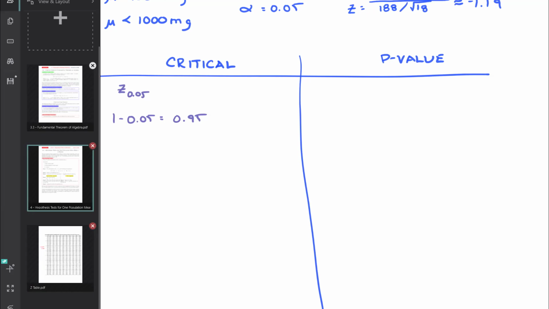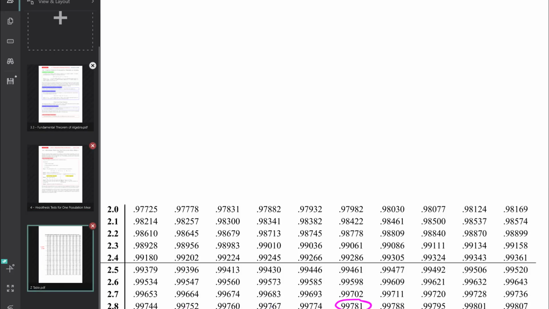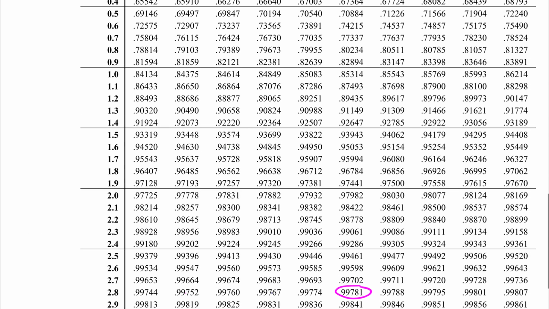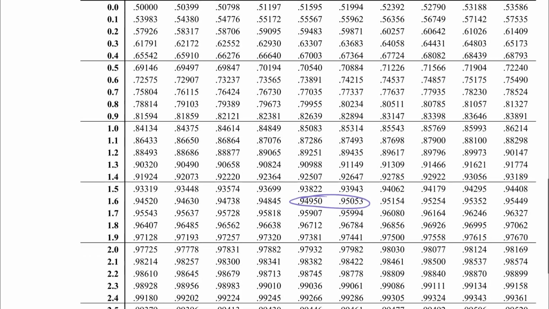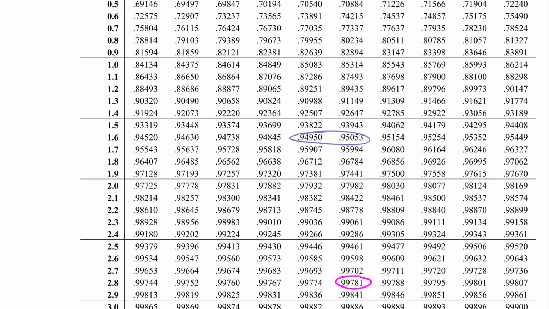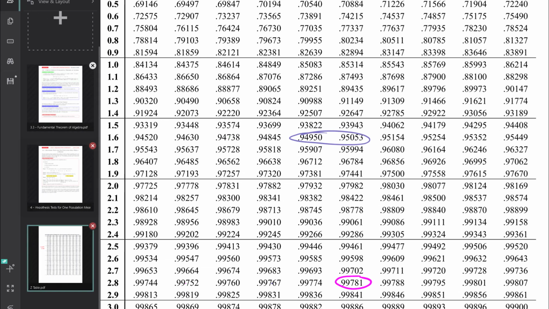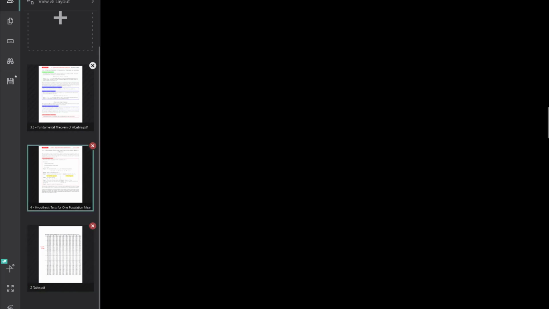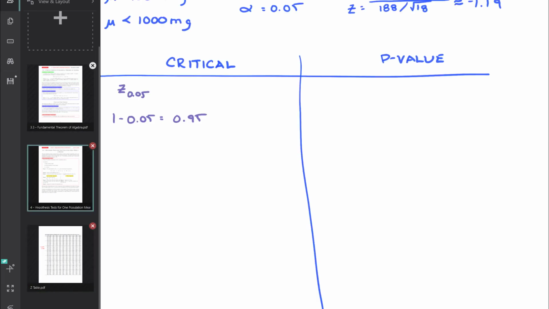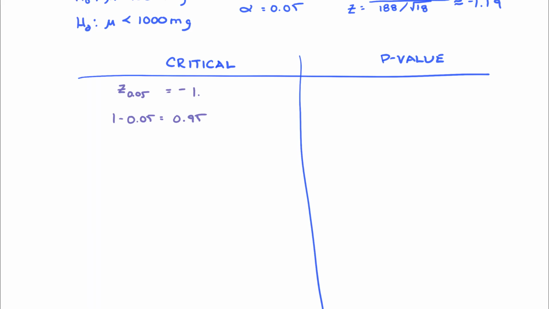So let's go to the z-table. We're looking for 0.95 in the table. It's going to fall right in this region here, which we're going to say is 1.645. But because it's a left-tailed test, we're going to make that negative 1.645.